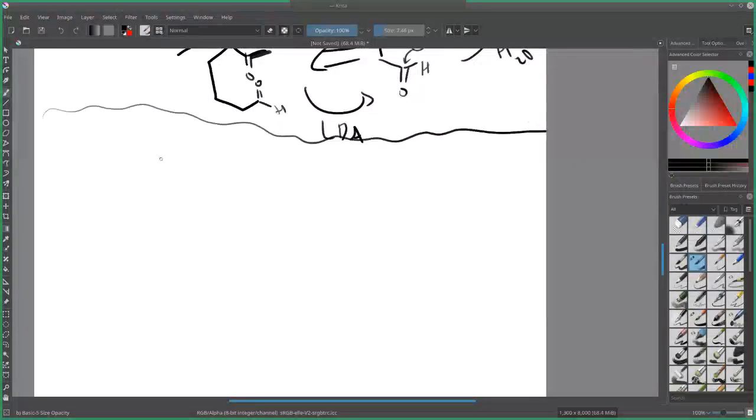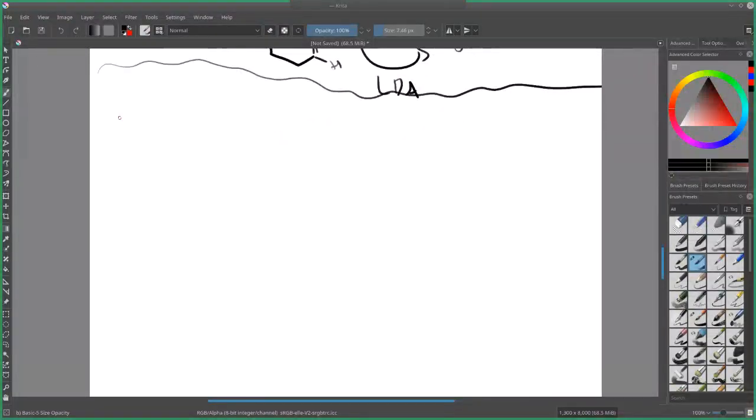Then from there, there's a section about when you take an ester plus an ester. So here's your ester of one sort, and then here's your other ester.